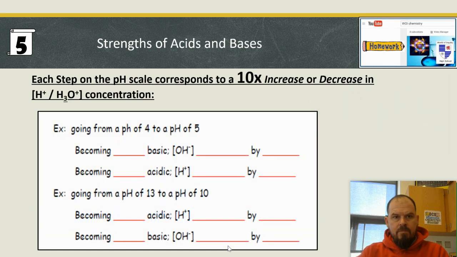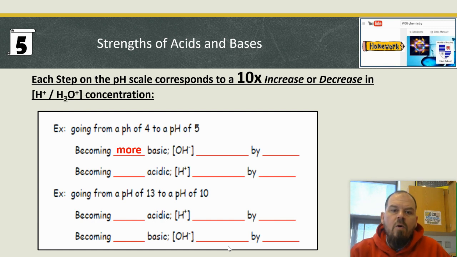Okay, so this, let me check in there. Notes packet. See what you're seeing. Okay, yeah, it's just going to come flying at you. So you're just basically filling this in. So from 4 to 5 is becoming more basic. I'm going up in number.